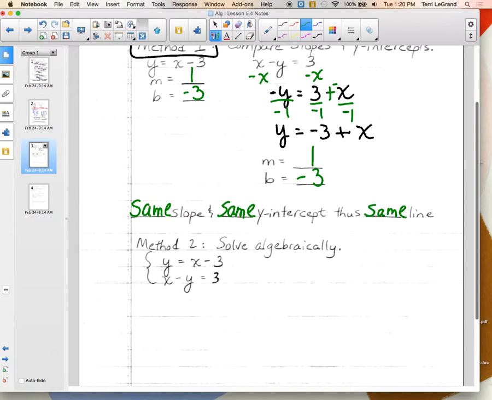Well, if it's the same line, how many solutions are there? Infinitely many solutions. So this is what else we do. That tells me there are infinitely many solutions, which then tells me what kind of system we have?